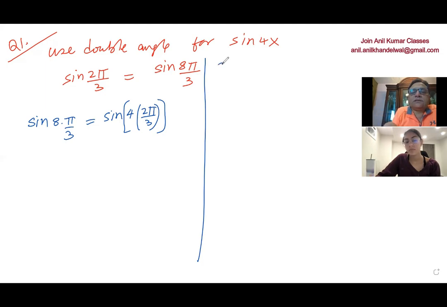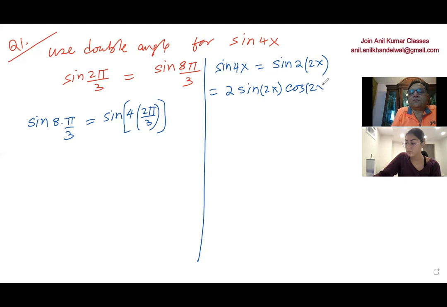So sine 4x can be written as sine of 2 times 2x, correct? Which is 2 sine 2x cos 2x. So that is the double angle formula.